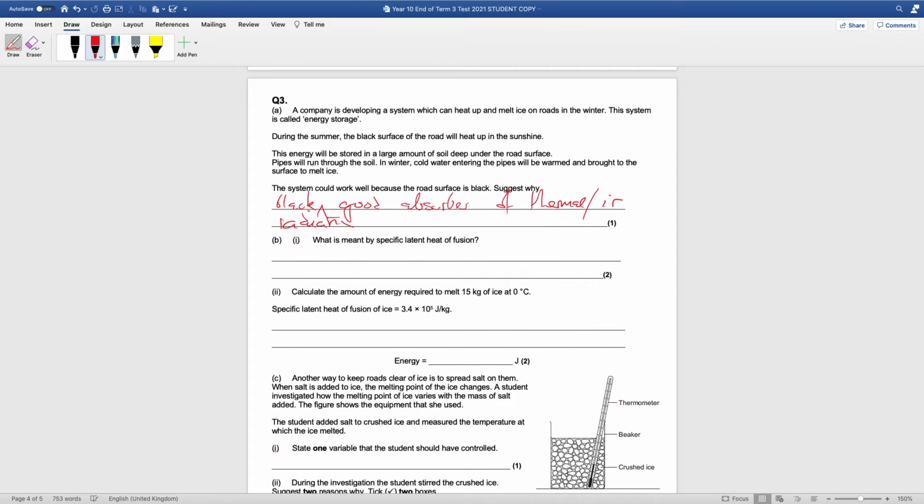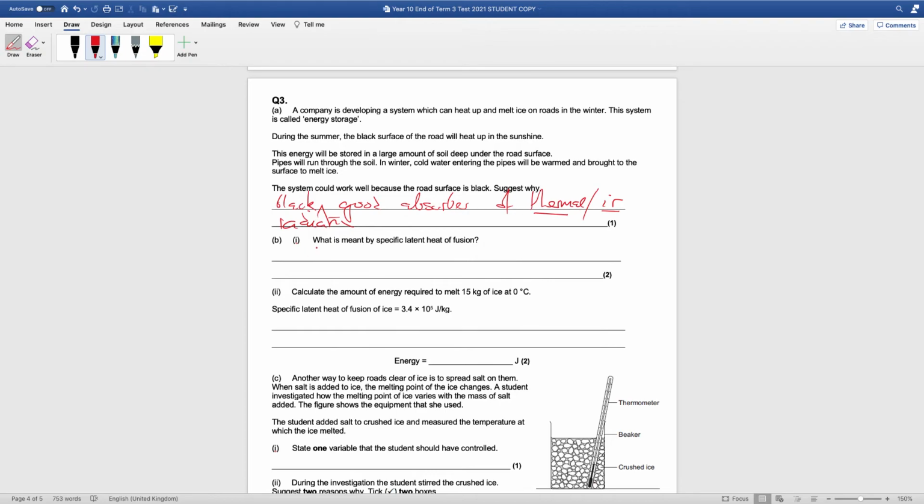Now, an example of something that is not acceptable is light. Light does not make things warmer. It is infrared, otherwise known as thermal. Infrared is better. So be careful how you express yourself here. It's not about the light, it's about the infrared that comes with the light.